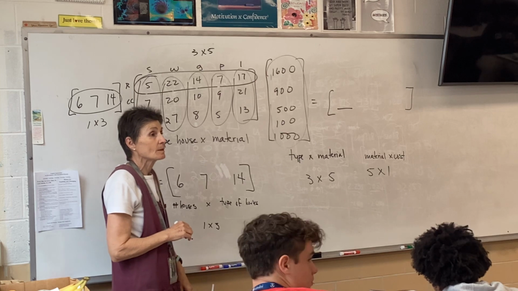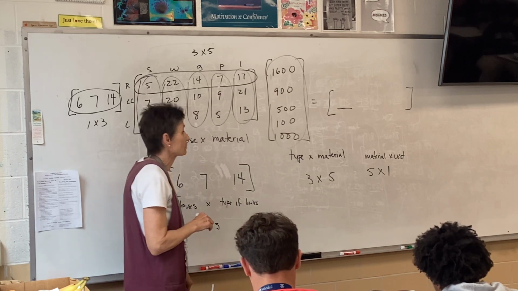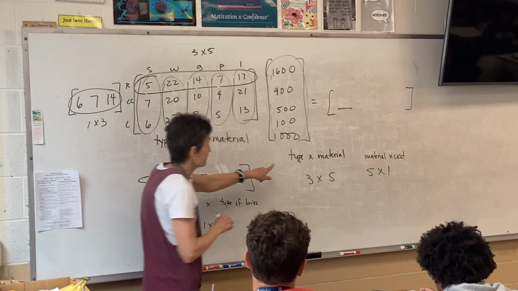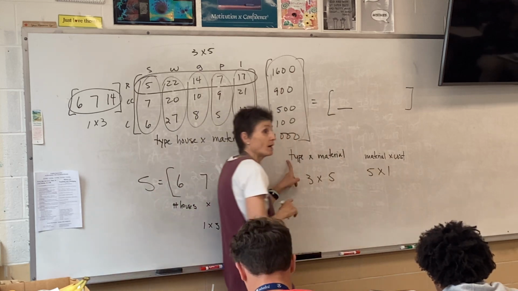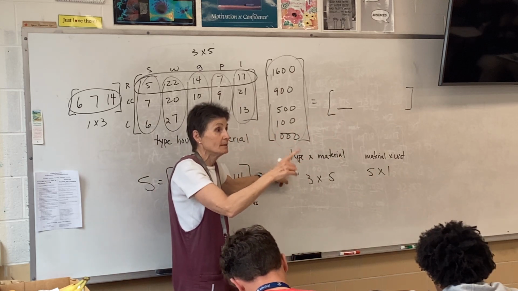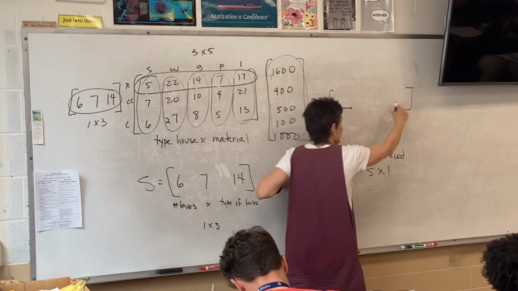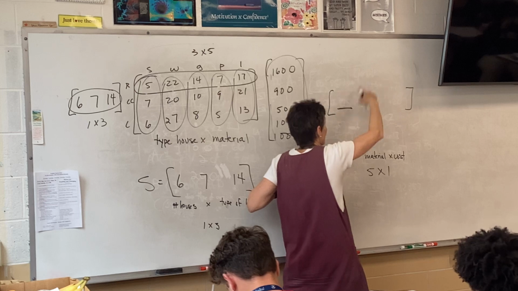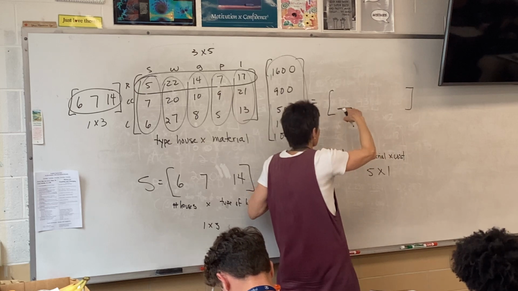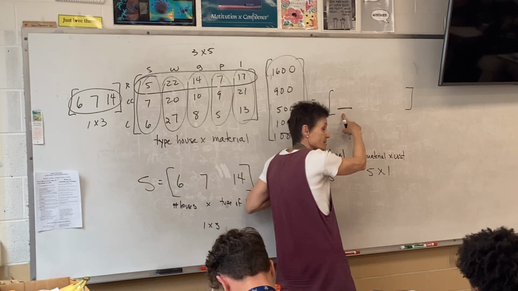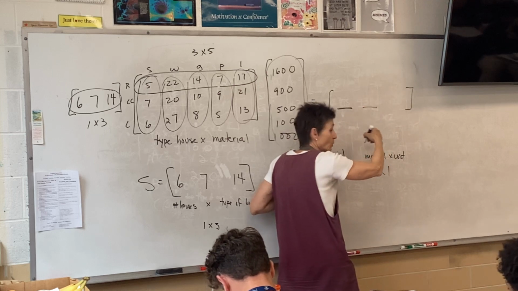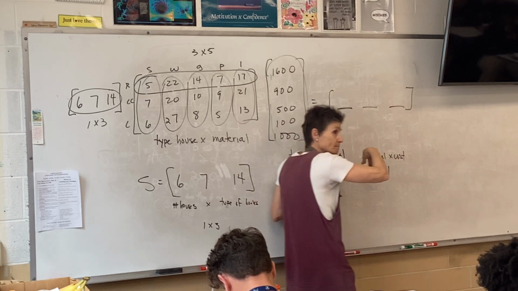Tess? Wouldn't you type by... Yes, that's going to be your answer, type by cost. Type of house, cost. So this represents a ranch house. These are the types of houses, and these are the costs of each one. So this is going to be a ranch house cost, this is going to be whatever the other one was, and this is going to be whatever the other one was.